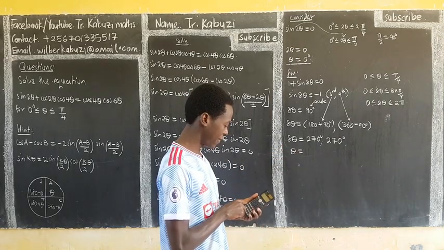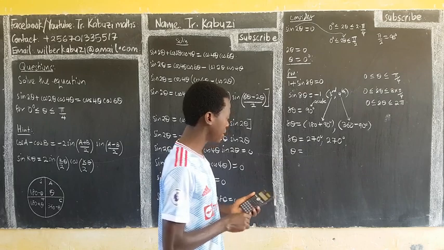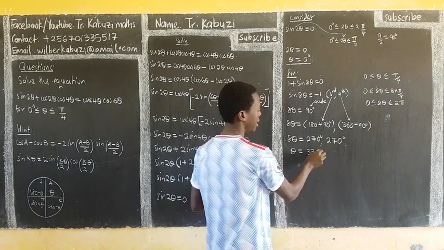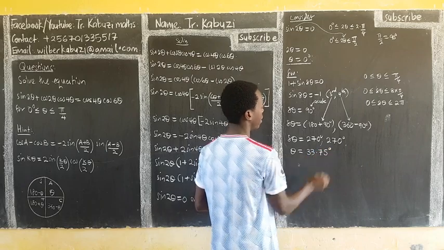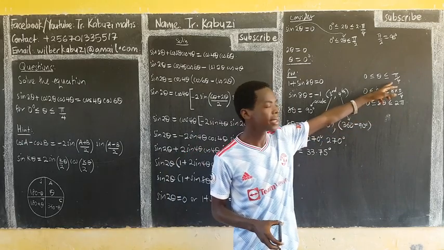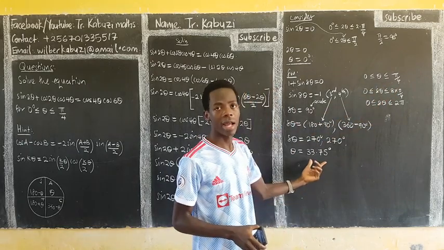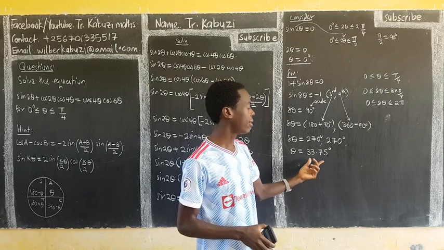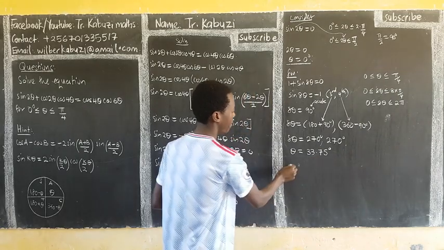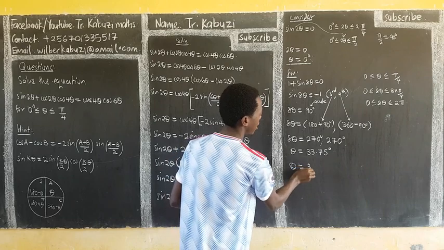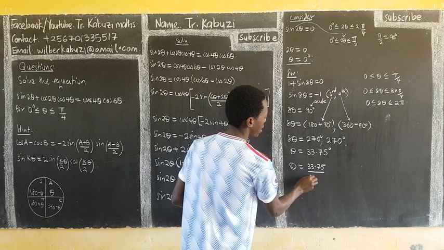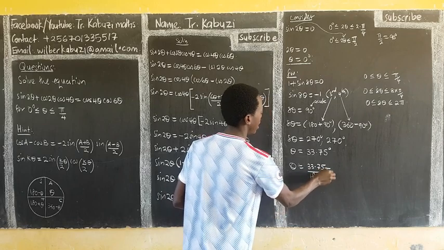So you get 270 divided by 8, we get 33.75 degrees. But now remember, our angle was given in radians, so you also convert this to radians. How do you convert to radians? You divide by 180, then introduce the pi. So this will be 33.75 divided by 180, then pi.